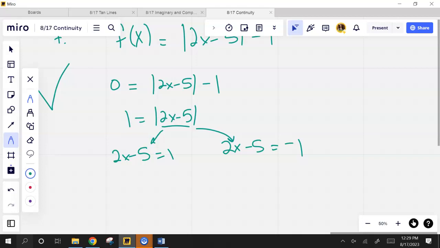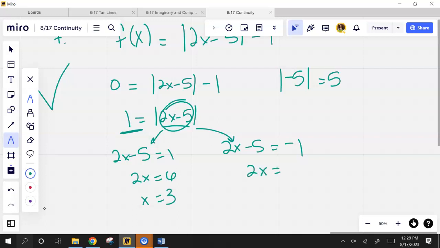If I made the inside equal to -1, it's still going to equal +1 at the end, right? It'll do the same thing. So add 5 and divide by 3. So 2/3 is one answer. Here, add 5 and divide by 2. Yeah. Those are your x-intercepts.